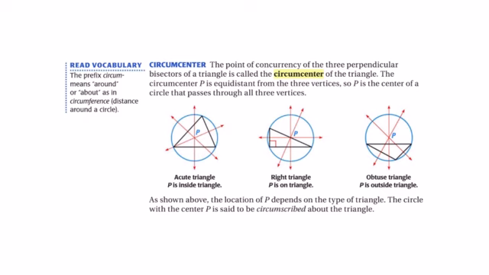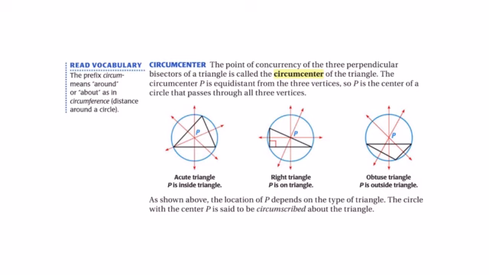A circumcenter. Alright, the circumcenter P is equidistant. So if you were to remember circumcenter P, circumcenter is equidistant from the vertices. Circumcenter is equidistant from the vertices, perpendicular bisectors. Alright, those 3 pieces of information need to go together.